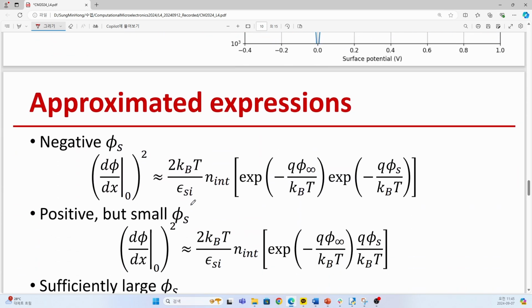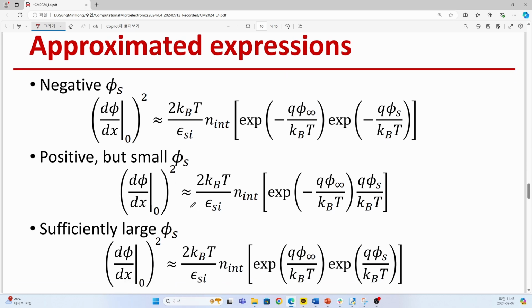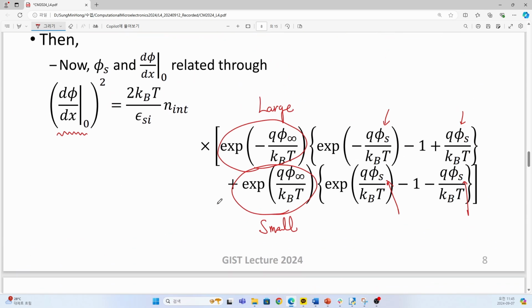Since it is sometimes too complicated, people sometimes introduce approximated expressions. For example, if we have sufficiently negative phi s, then let's just consider all of these numbers.